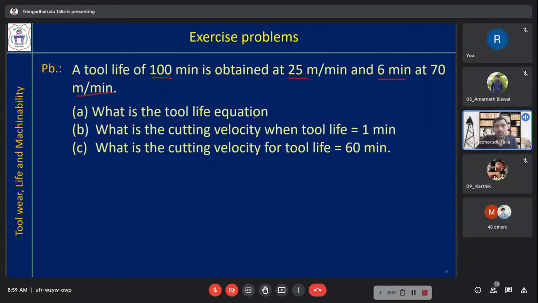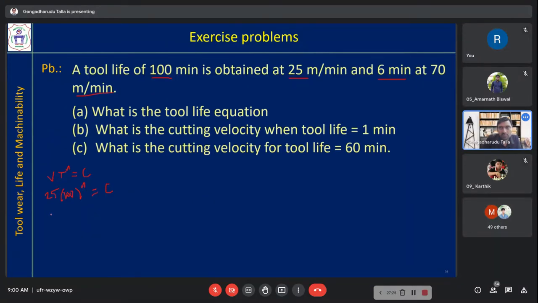Now what is the tool life equation? Find out. So how will you find the tool life equation? We know that it is V T power n equal to C. So in the first case, velocity is 25 times 100 power n equal to C. That is one equation.